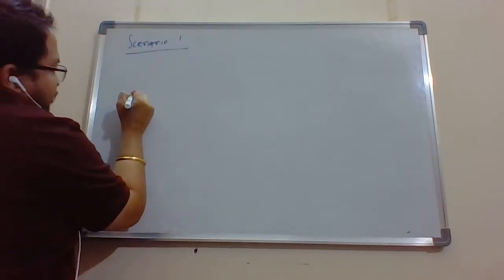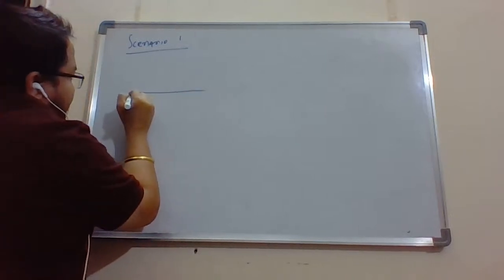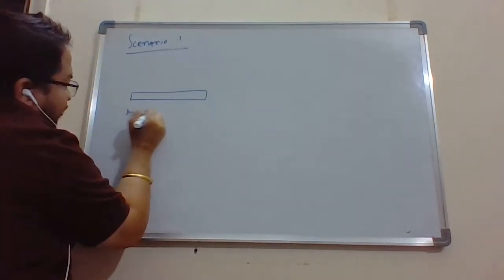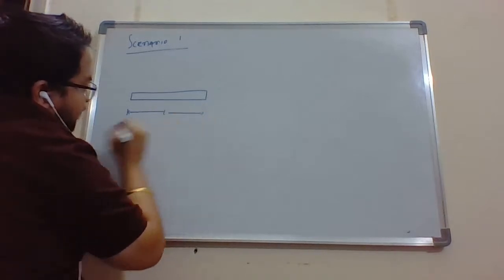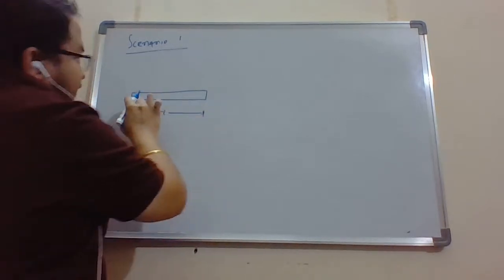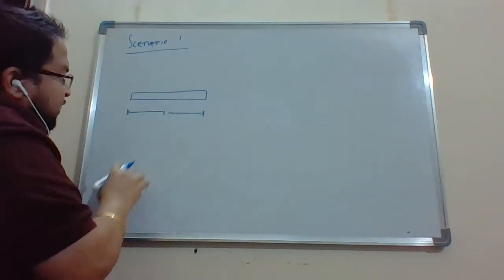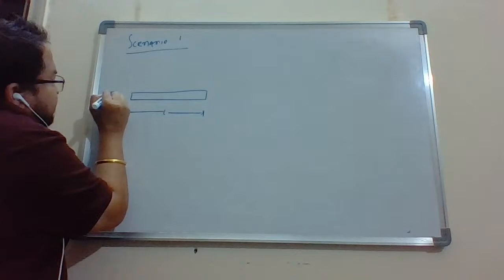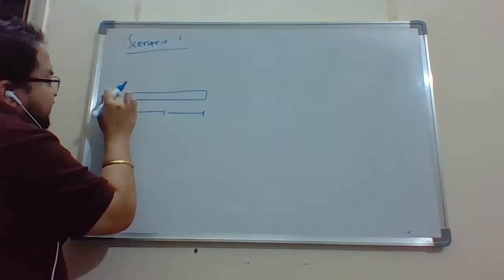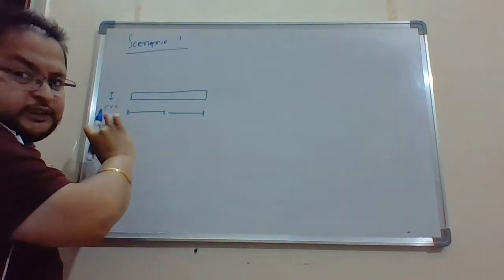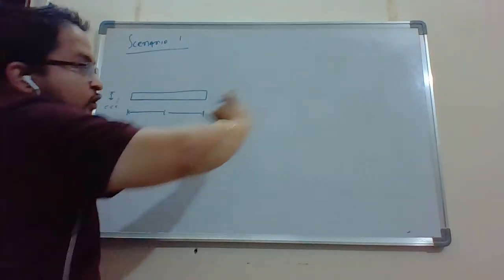In this scenario, let us consider I have a rod of length L, and this is a conductor. So I'm saying it's a metal, and its width is very small. If the width is very small, I can assume it's just like a thin long wire.